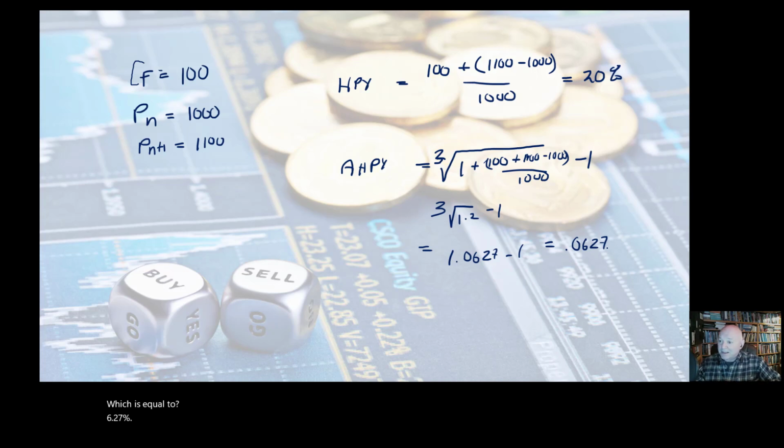Now, it tells us that the 20% rate of return that we received over 3 years was equal to 6% on an annual basis. If you take 6.27, you multiply it by 3, you get about 19. The difference between that and 20% is the effect of compounding. You receive that 6.27% each year.